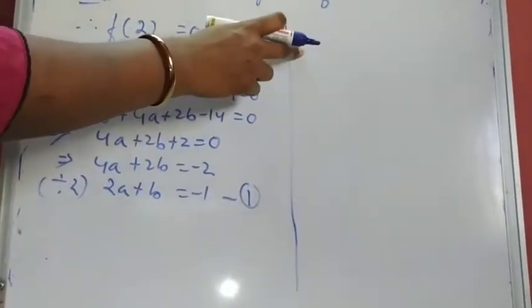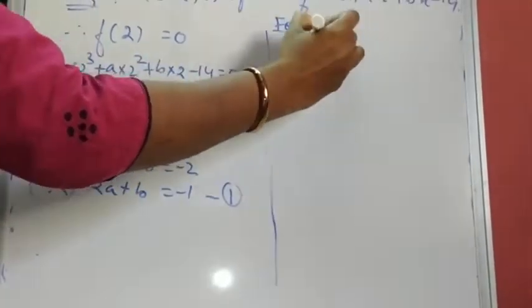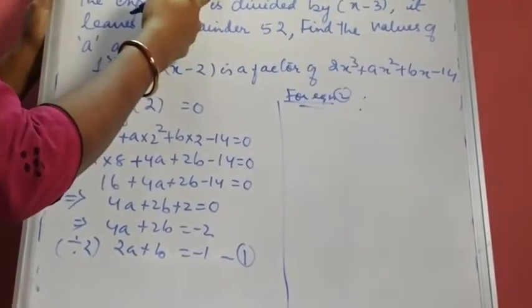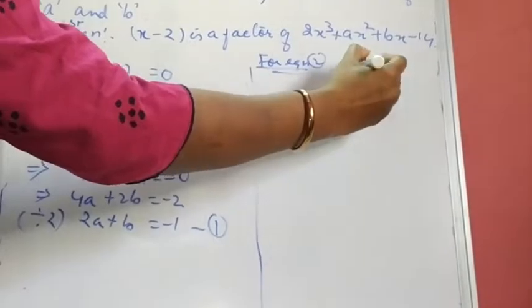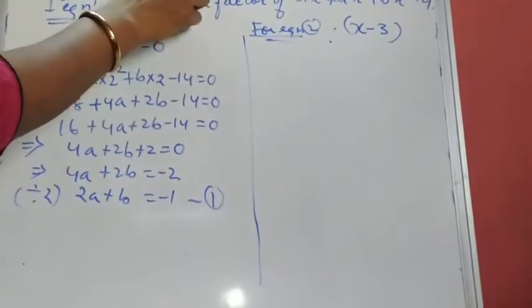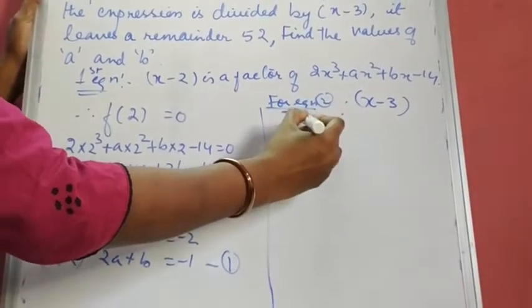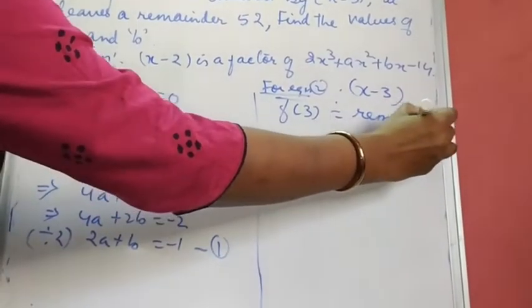The second equation that we are getting for equation 2: x minus 3, when it divides the polynomial, is giving us a remainder 52. Therefore, by remainder theorem we know f of 3 is equal to the remainder.